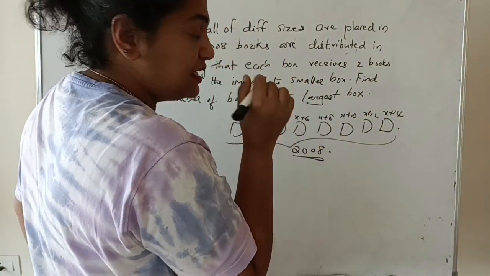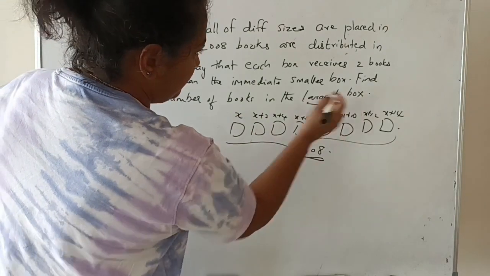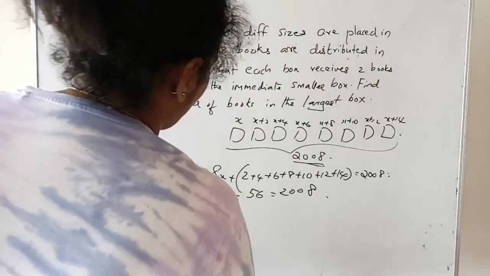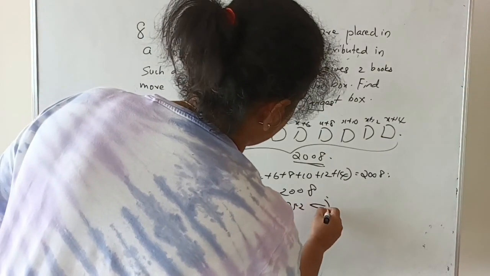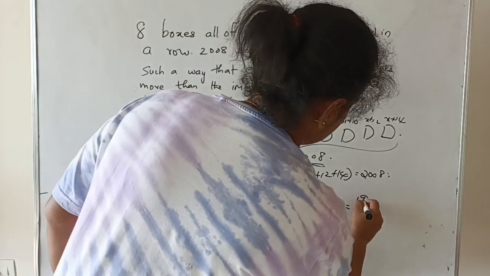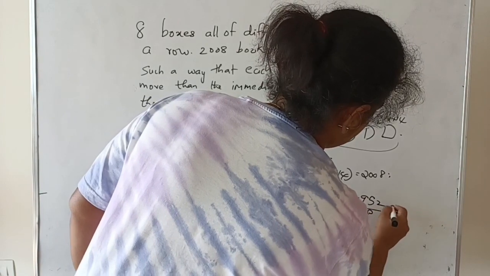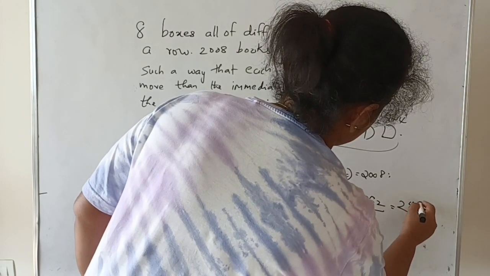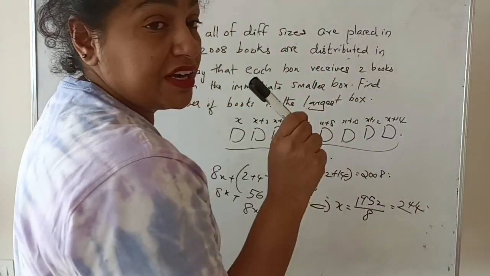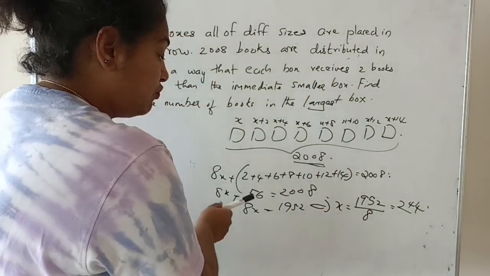Now, let us form the linear equation. So 8x is equal to this, and x is equal to 244. That is the value of x.